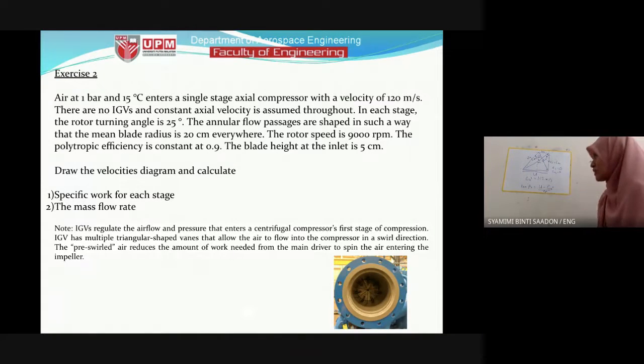So even though all the tangent functions are in the lecture slides, you don't need to memorize them. You can sketch back the velocity triangle and rewrite the equation, tangent beta 2 equals U minus CU2 over CA. So we have CU2 of 101 or 102 meters per second.